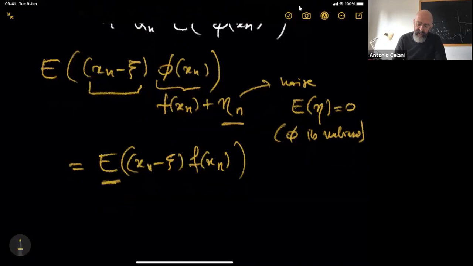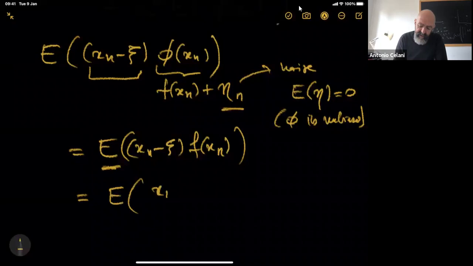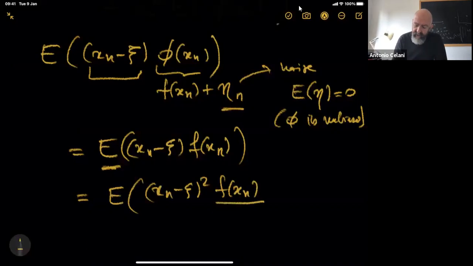Now I'm going to work a little bit more on this term, with a very simple manipulation: I'm going to write this as xn minus psi squared times f of xn divided by xn minus psi. Here you should be a bit alert because I'm dividing by something which could be 0.